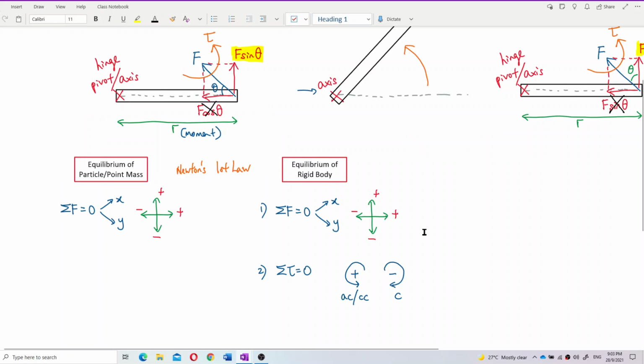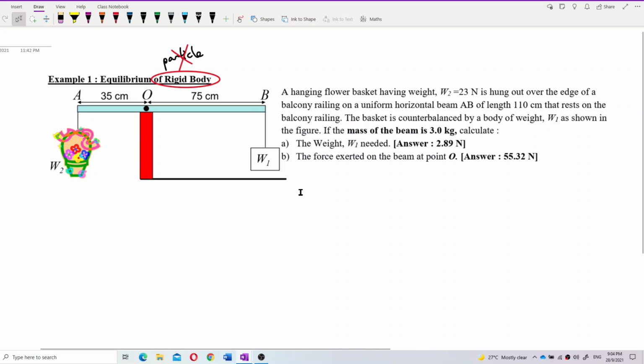Because we are thinking not just force in translational motion, we also think the force will make the whole object rotate. When the forces are exerted at different points of the body, it will make the object rotate either clockwise or anti-clockwise. So we need to draw the whole body.